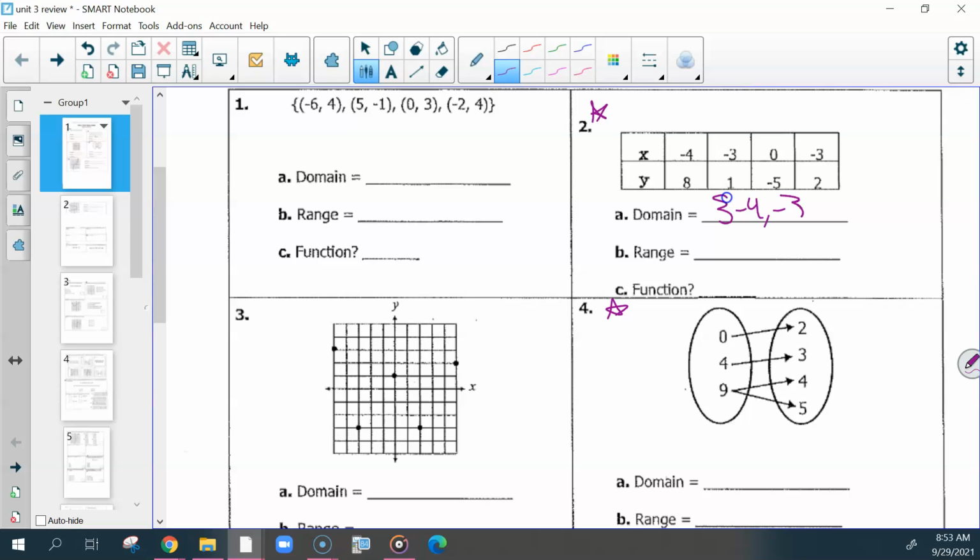Then -3. Remember, we're not putting repeats, so we're only going to put the -3 once. And then for the range, again, it's lowest to highest, so -5, 1, 2, 8.